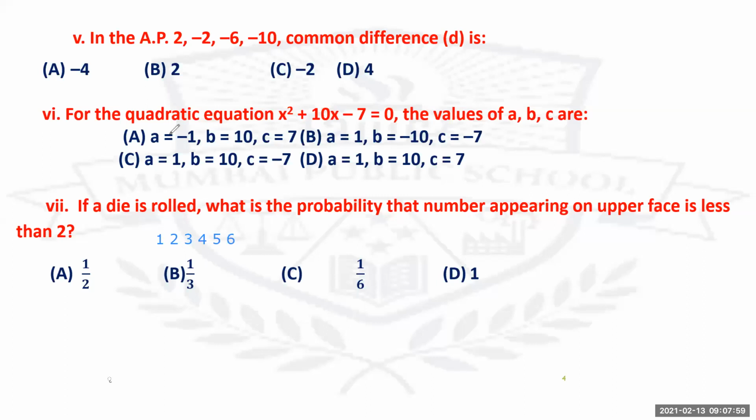So the number of outcomes less than 2 is 1. Probability is the number of outcomes of the event upon the total sample space. The event has 1 and your sample space is 6. So the answer is C, 1 upon 6. Is this clear?